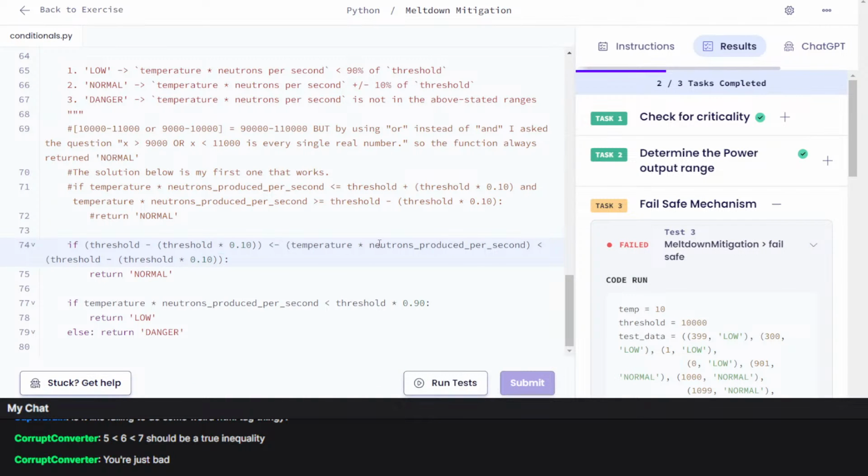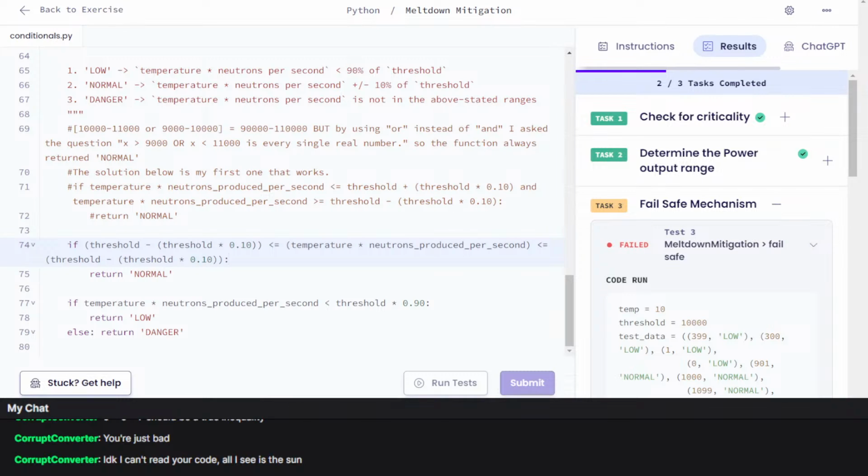I hate it here. Wait, but it's saying if all these things are... Wait, isn't that what I wanted, though? Maybe I'm just not asking what I think I'm asking. Maybe I can't do it with this.